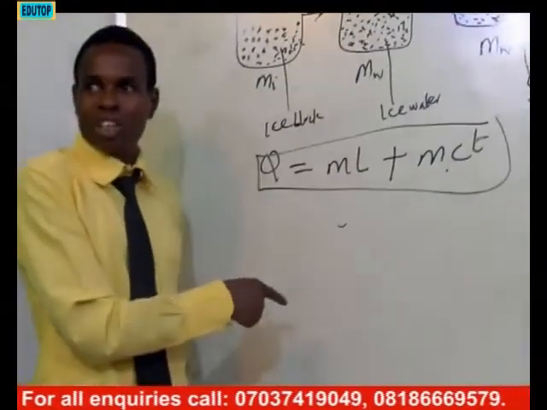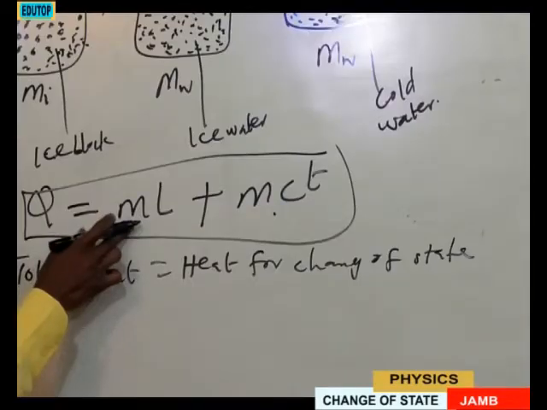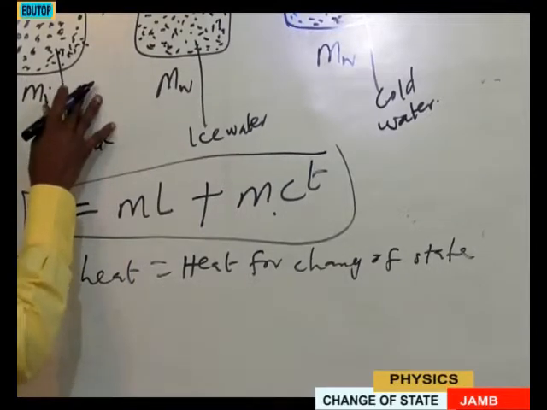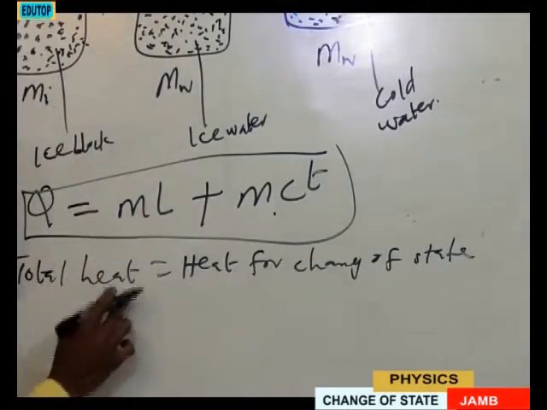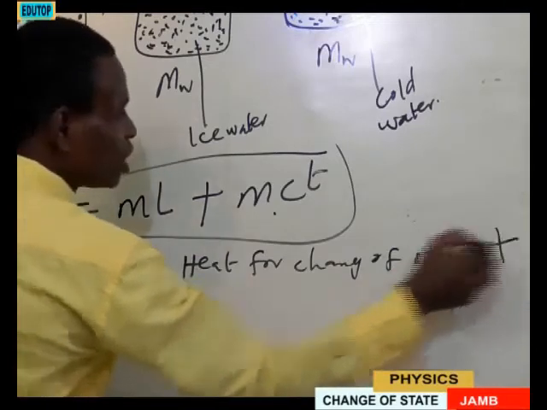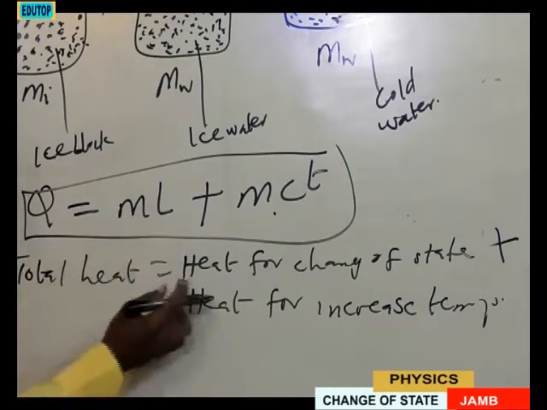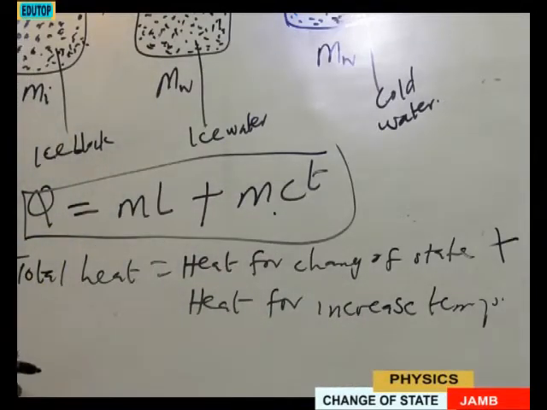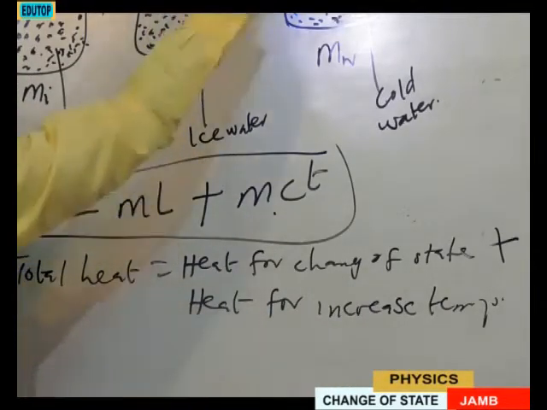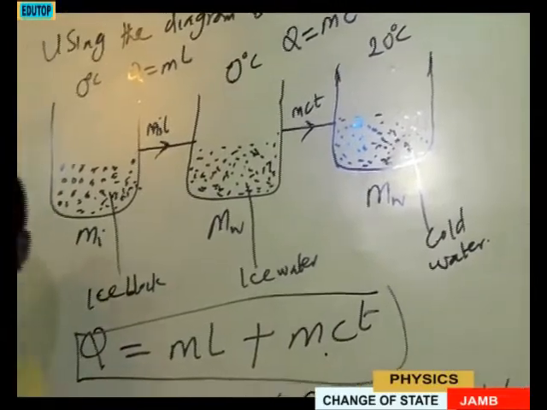So in this situation, the total heat will be the heat for change of state, which is mL, because there is a change of state from ice block to ice water, plus the heat for increased temperature, mCΔT, when the temperature increases from 0 degrees Celsius to 20 degrees Celsius but the substance remains the same. And that's what we are talking about.